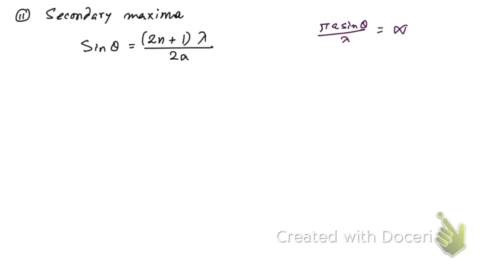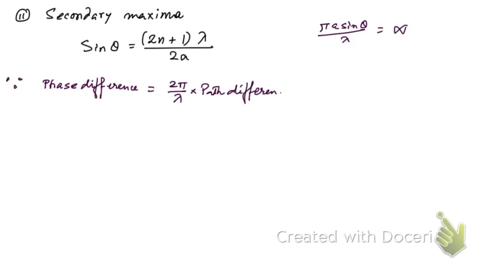Since we know that phase difference is equal to 2 pi by lambda into path difference, therefore here you can see pi by lambda a sine theta, if we multiply it by 2 and again divide it by 2.